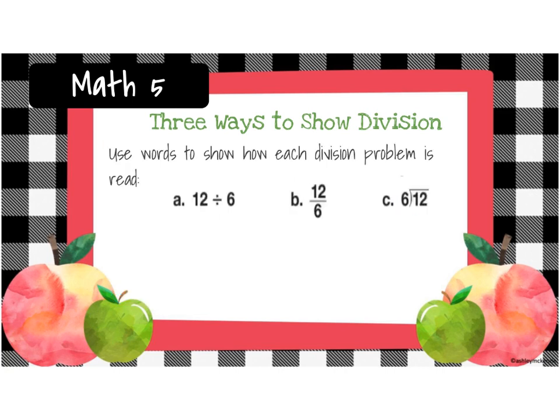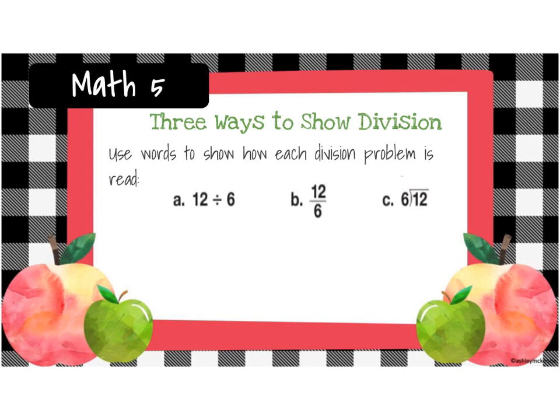So right now, we are going to use words to show how each division problem is read. So on your whiteboard, please write in words. Don't solve these. I want you to write in words each of these division problems, how it would be read. If I read this to you, what would it say?